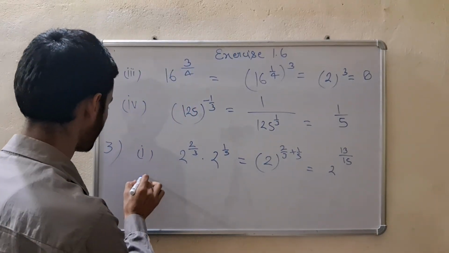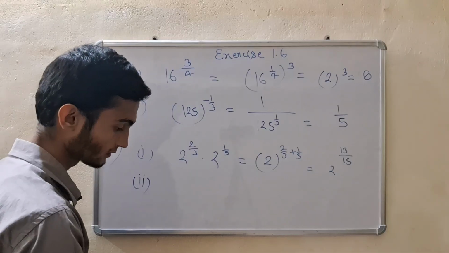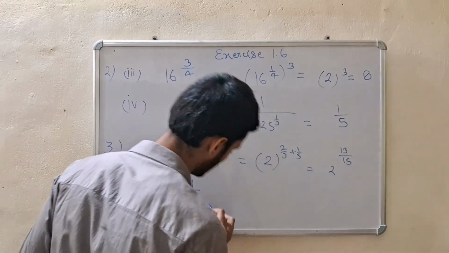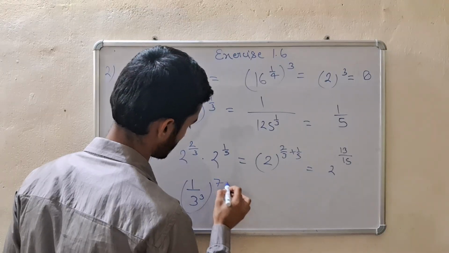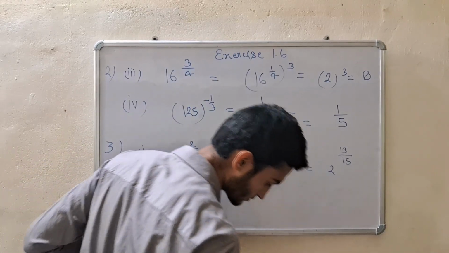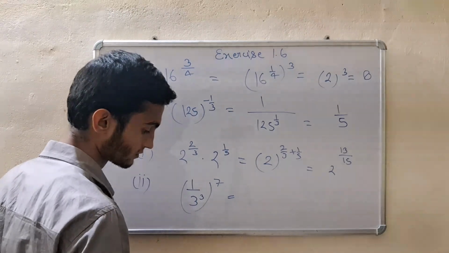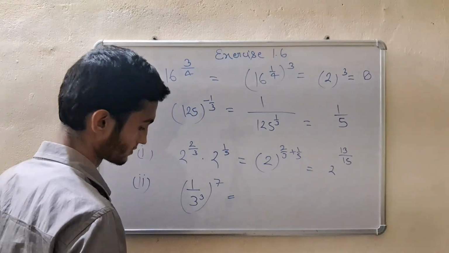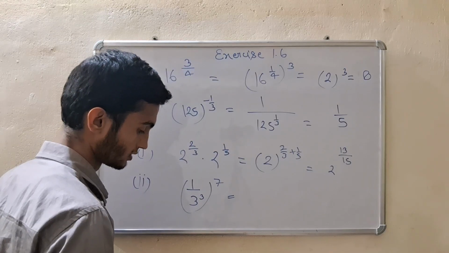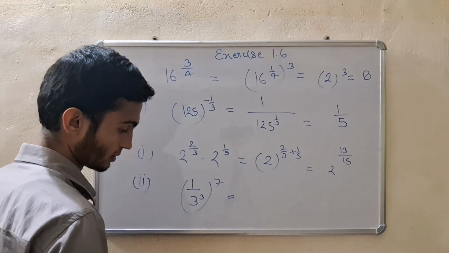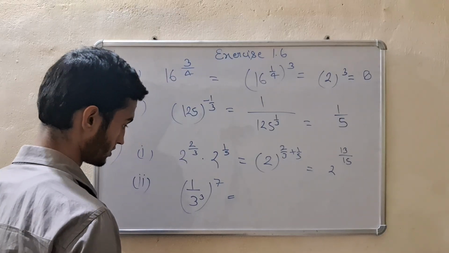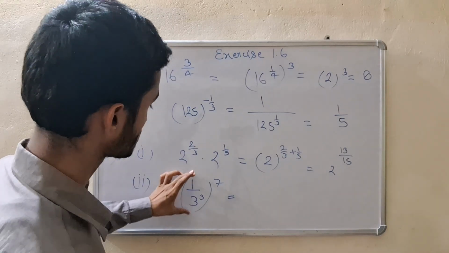Now the second one: 1 upon 3 cubed, to the power 7. Right, so how will we do it? Remember that we are going to write this expression 7 times.